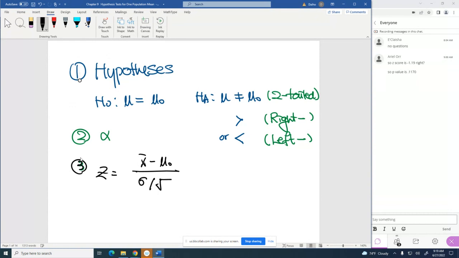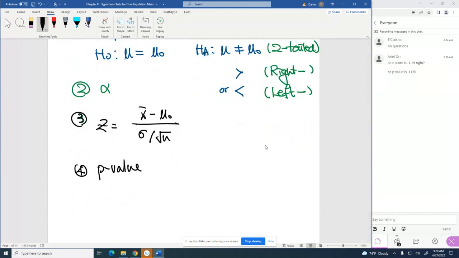And sigma is always assumed to be known, right? So we got the z-score. Then we get the p-value, again from the two-tailed, right tail, or left tail.